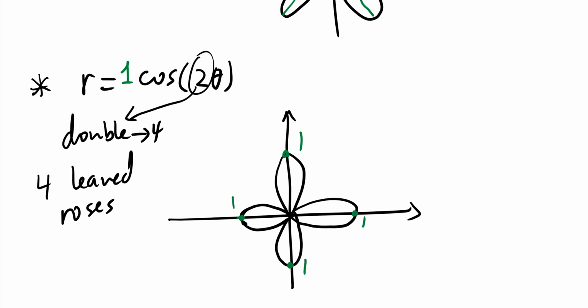We learn more stuff in depth about polar, and then when you go to calculus, you learn how to find areas of these roses or areas in polar coordinates, and you find the length of the arc of a given curve in polar coordinates.